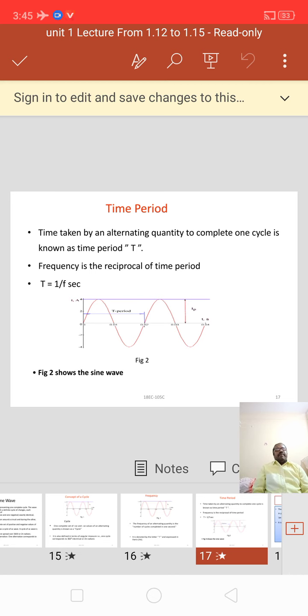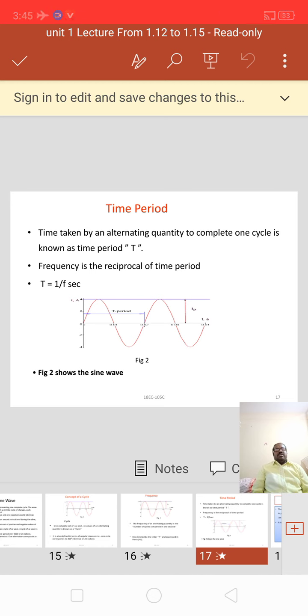It is denoted by the letter capital T. Frequency is the reciprocal of time period, or time period is the reciprocal of frequency. That is T equals 1 by f, or f equals 1 by T. Units of time period are seconds, minutes or hours, with respect to the values given.